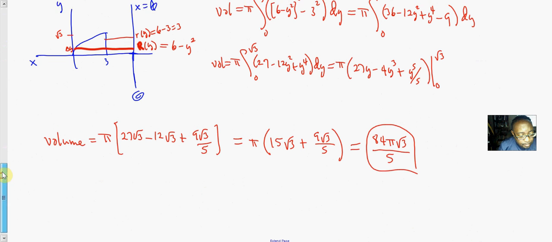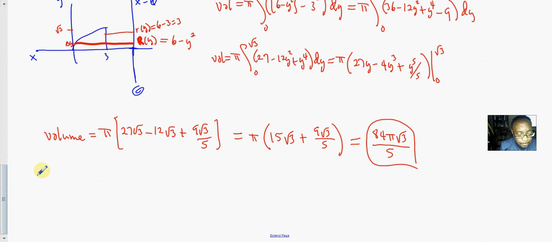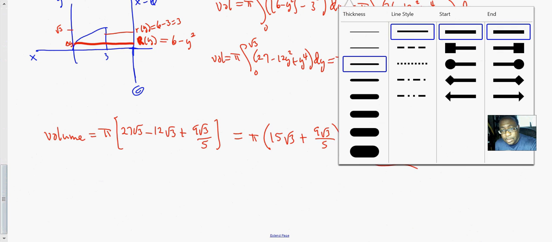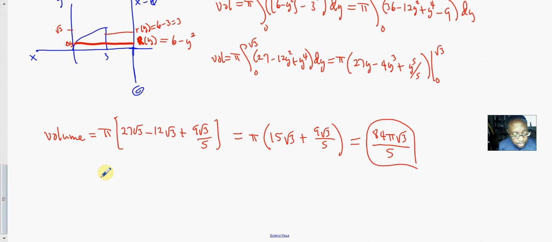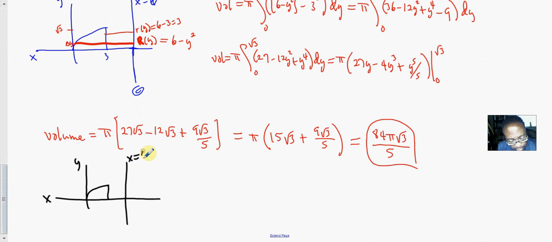Oh, by the way, maybe you want to know how this graph looks in its totality. Let's see. This is the y-axis, x-axis. We have this part doing that, then it's rotating about the line x equal to 6. So over here we have this image, we have the hole there, right?